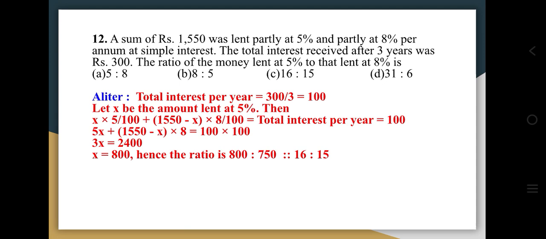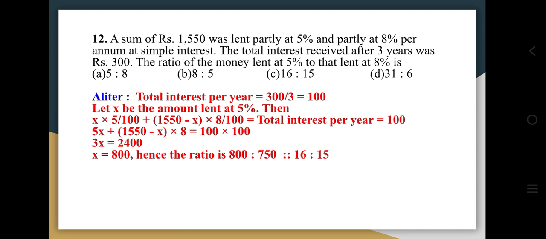Suppose 5:8 is the ratio of amounts lent at the two different rates. Then the first amount is 5 times a certain amount, and the second one is 8 times the same amount.